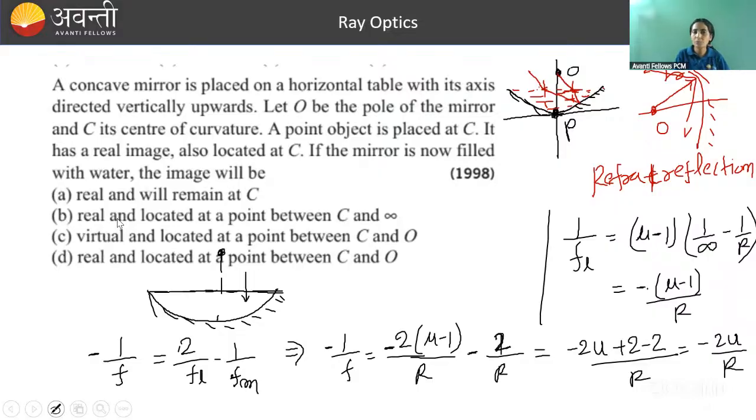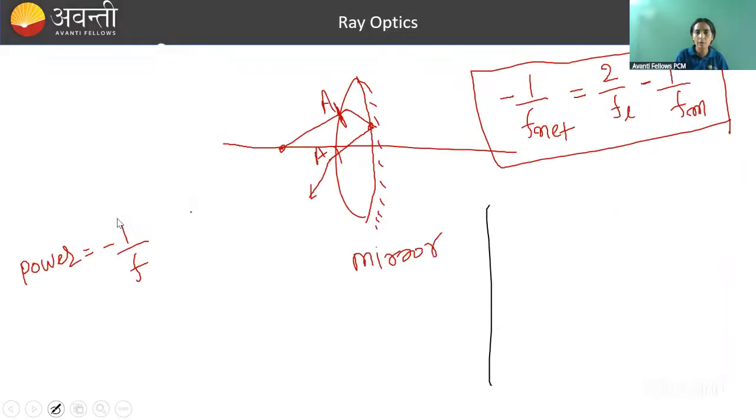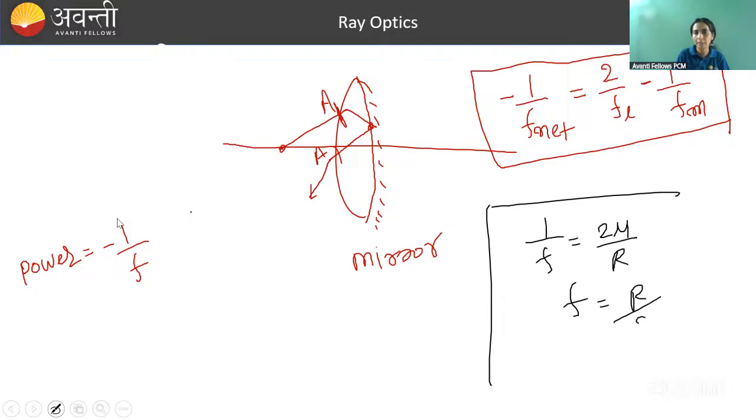Minus 1 by f is equal to minus 2 mu by r. Now if you solve it, 1 by f equals 2 mu by r. So the focal length is equal to r by 2 mu. Here r by 2 is the focal length of the mirror, and this is divided by mu.